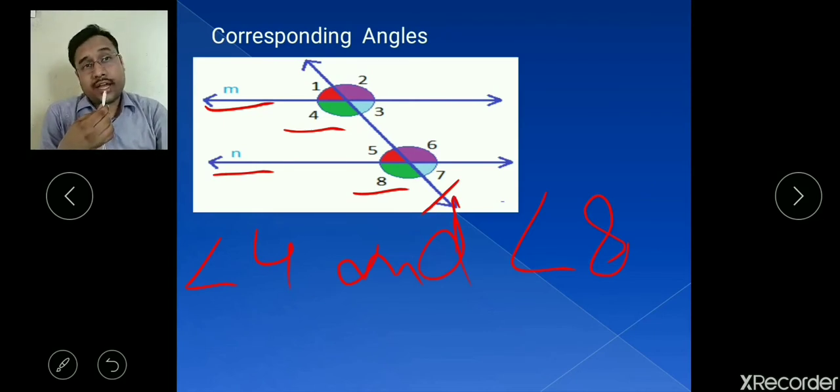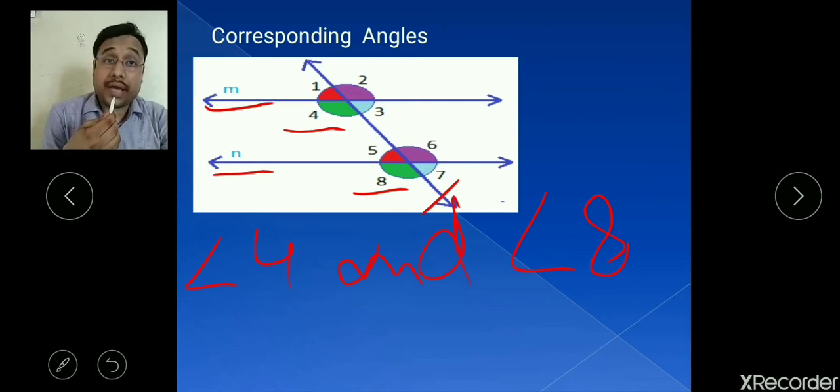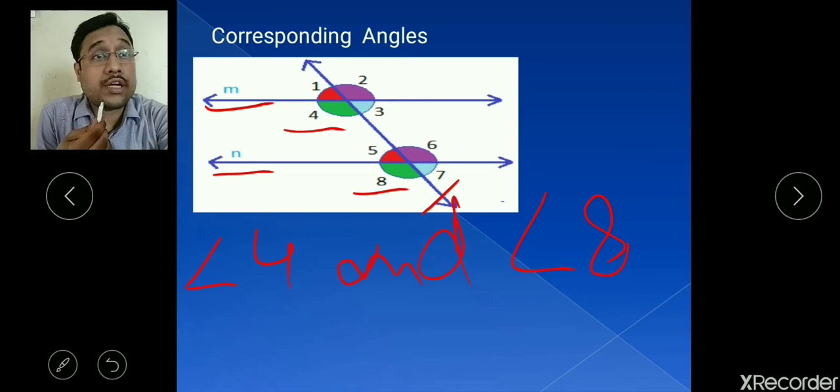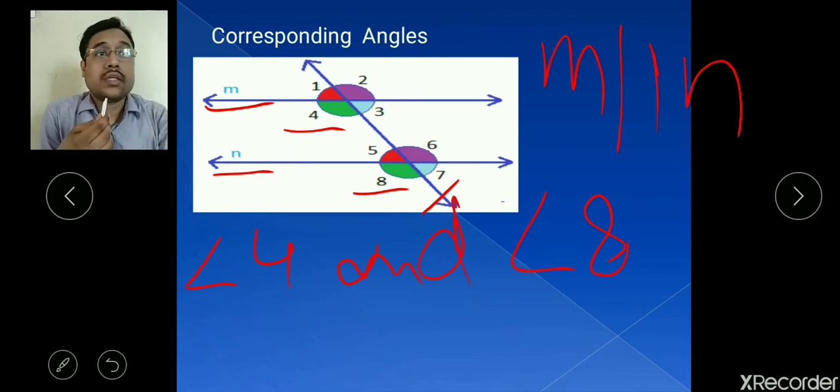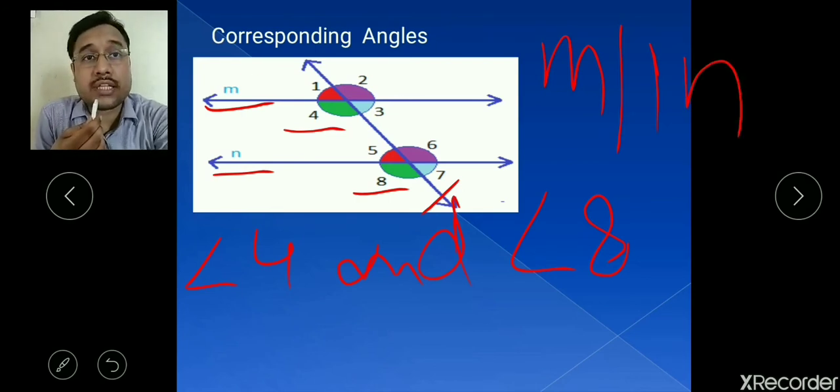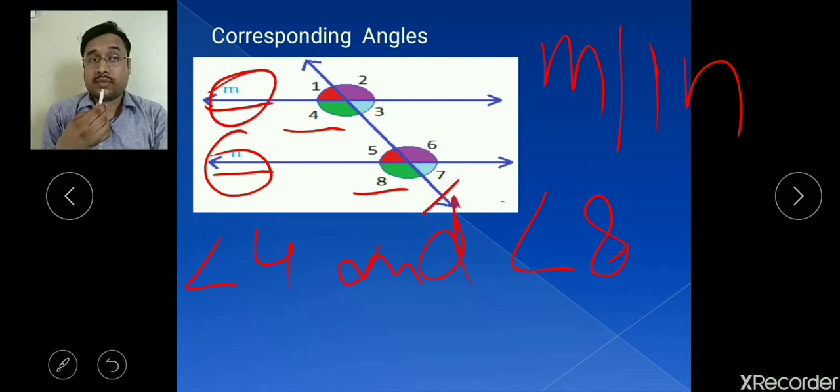The property is that the corresponding angles are equal when the given two lines are parallel. If M is parallel to N, if these two lines are parallel, then angle 4 and angle 8 are equal.